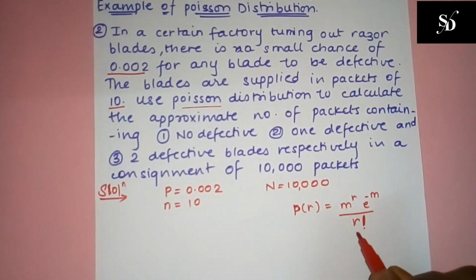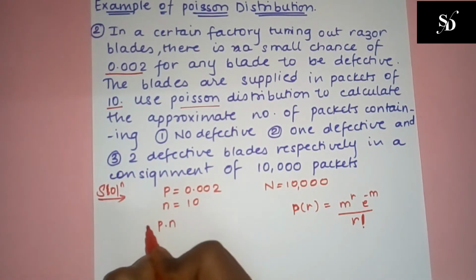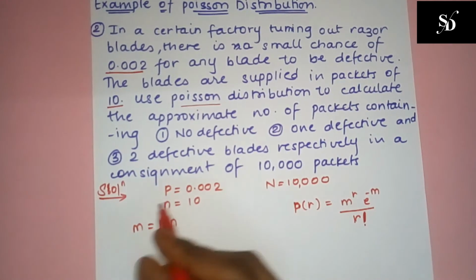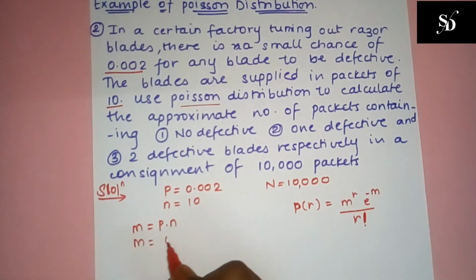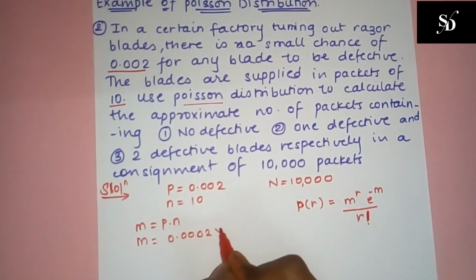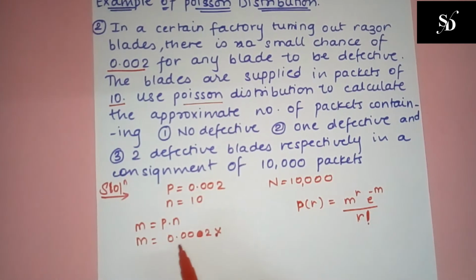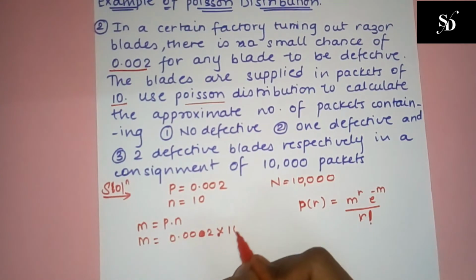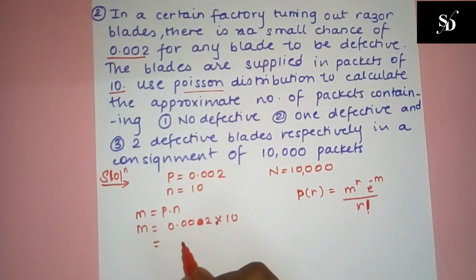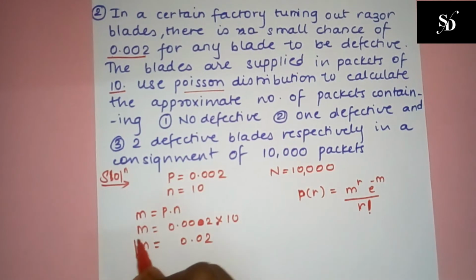How to find m? p into n is equal to m. Now we have n, so we can find m. m is equal to 0.002 into 10, which is 0.02. Therefore now we have m.